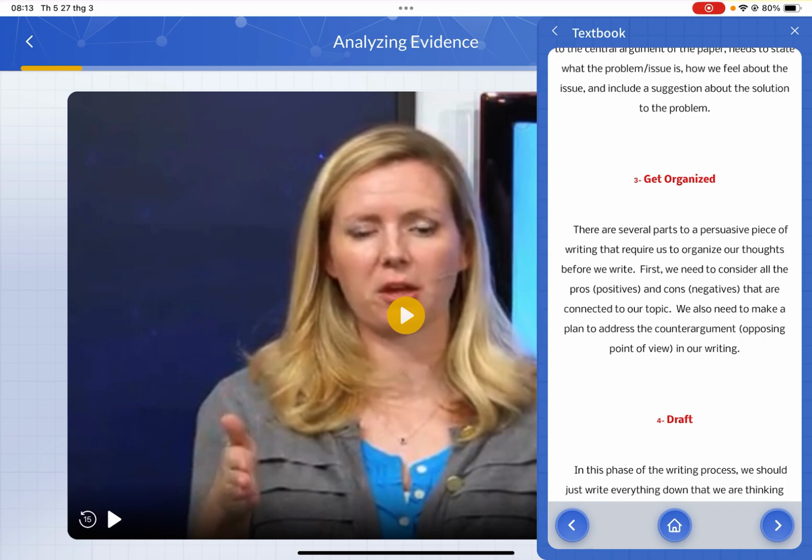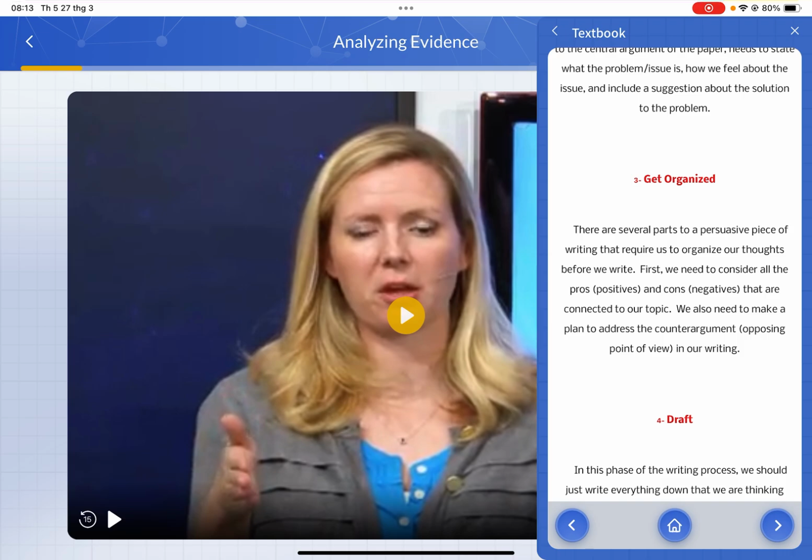There are several parts to a persuasive piece of writing that require us to organize our thoughts before we write. First, we need to consider all the positive and the negative sides that are connected to our topic. We write about the positive side first, and then in the next paragraph we write about the negative side.